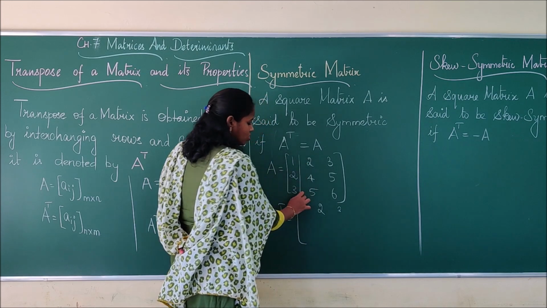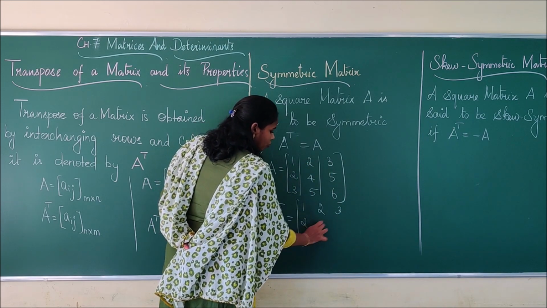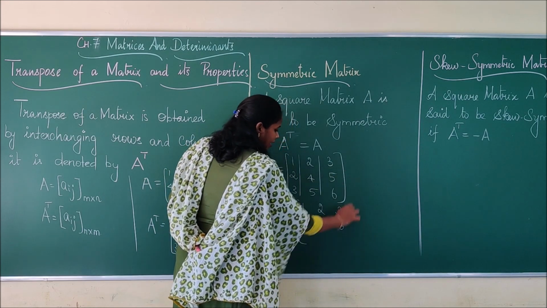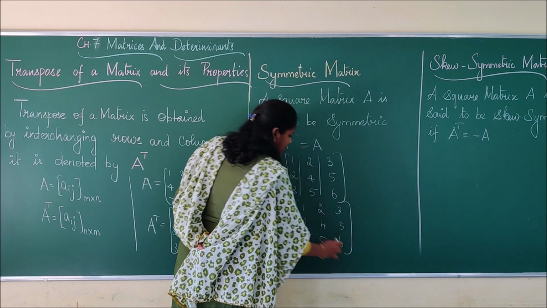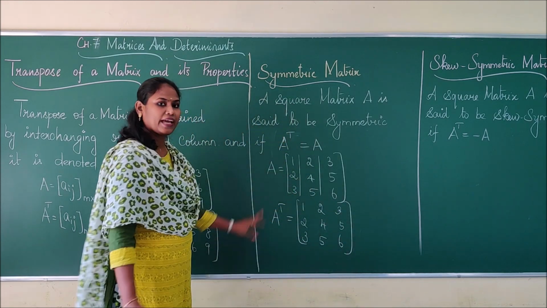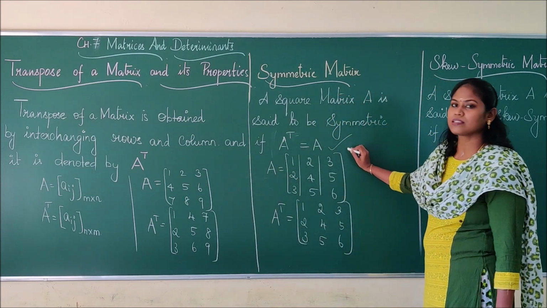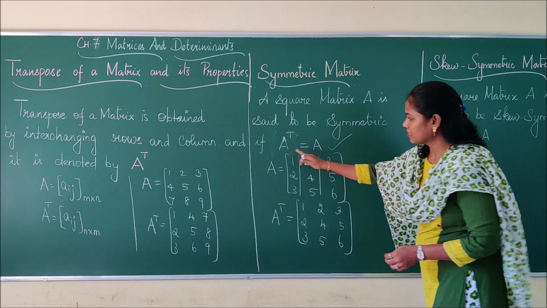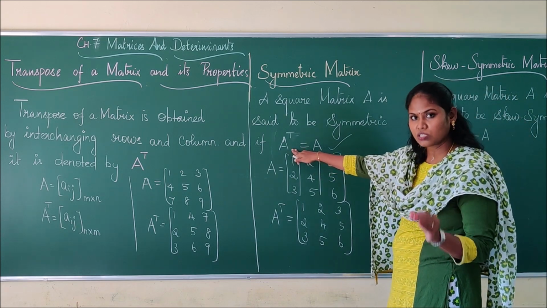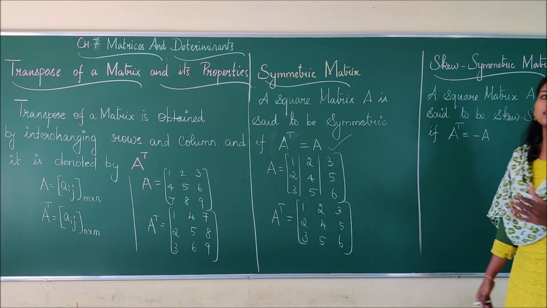So I have changed this column into a row, and now this column 2, 4, 5, and now this column 3, 5, 6. See, there will be no change in A and A transpose. If such a condition exists, then the matrix is said to be a symmetric matrix. So if A transpose is exactly equal to A, then the given matrix is said to be a symmetric matrix.